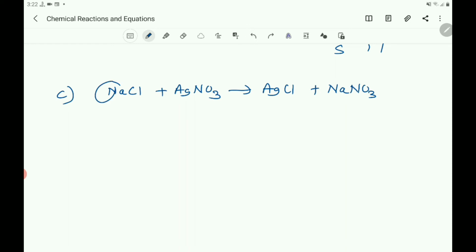Here already it is a balanced chemical equation. Here the equation itself is a balanced chemical equation. What is that? NaCl plus AgNO3 gives AgCl plus NaNO3.